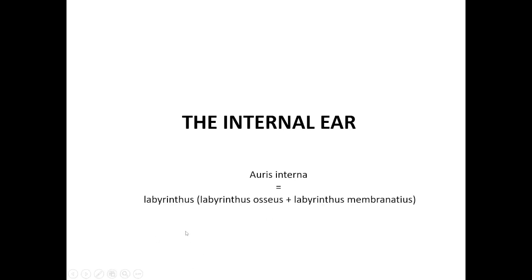Now the internal ear, the third part of organ of hearing. Auris interna in Latin. We can say that auris interna consists of labyrinthus, which is presented by labyrinthus osseus and labyrinthus membranaceus.